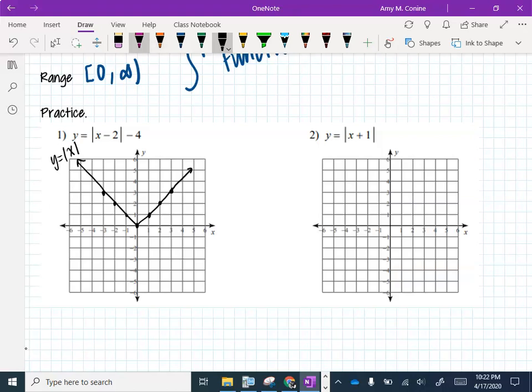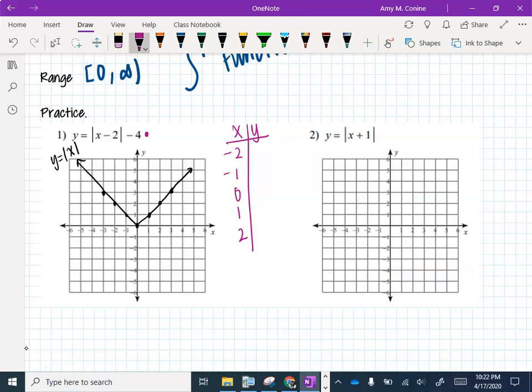Okay, and then I'm going to do this one in purple. So I'm just going to plug in some values. All right, so we're going to kind of see what this looks like. So I'm going to use my -2, -1, 1, and 2 to do this. So if I plug in -2 here, -2 minus 2 is -4.